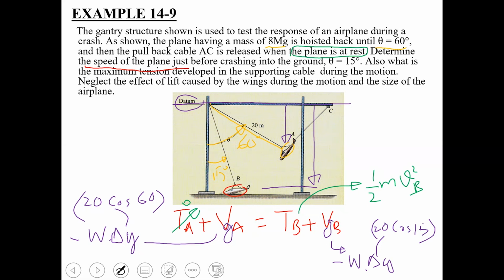Yes sir. Okay, so once you solve this equation, the only unknown quantity here is the velocity V. Once you solve it, this velocity V comes out to be 13.5 meters per second.